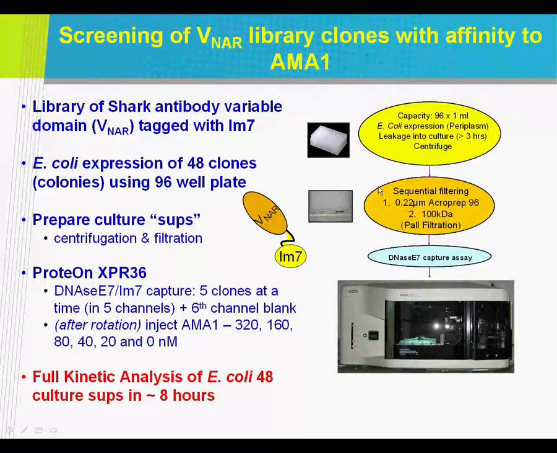Therefore, we could, of course, never capture any of this material onto the chip, and subsequently we didn't get any response when we injected the antigen. So out of 48 clones, I think only about 39 expressed and gave us useful kinetic profiles.